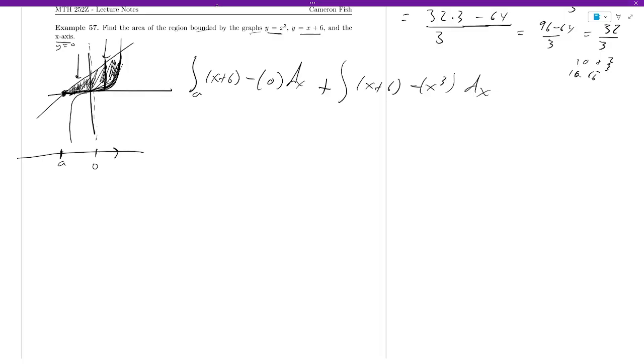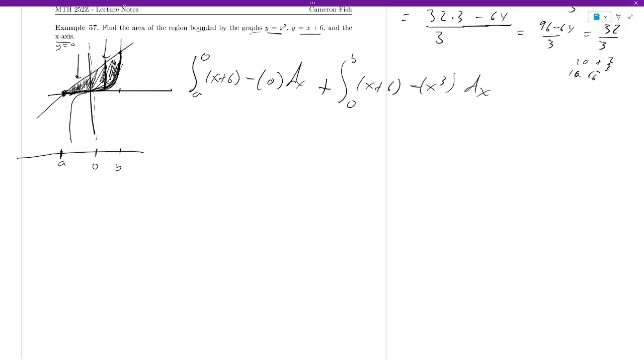We have to maybe magically know that 0 is the place where the bottom function changes from being the axis to the cubic, but you can usually guess that from the picture. You could technically do some algebra to solve for that, but I'm going to skip that. And then we end at this point, where the x value is, I'll call it b. So we know we're going to go from a to 0, and then from 0 up to b. We just have to figure out what a and b are.